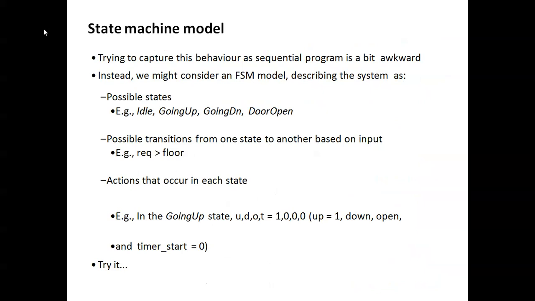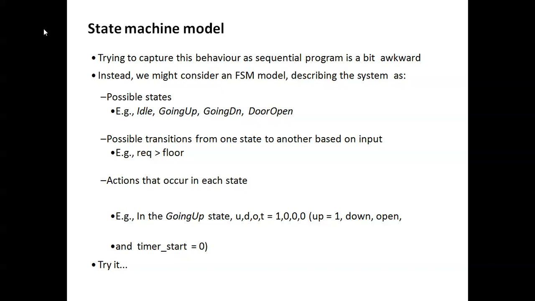The next one, the state machine model. The state machine model is a sequential program. A finite state machine describes the system. There are four states available in the state machine model: idle, going up, going down, door open.